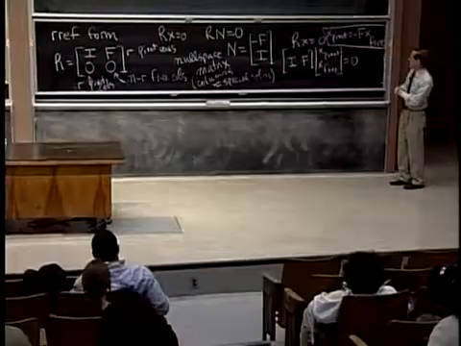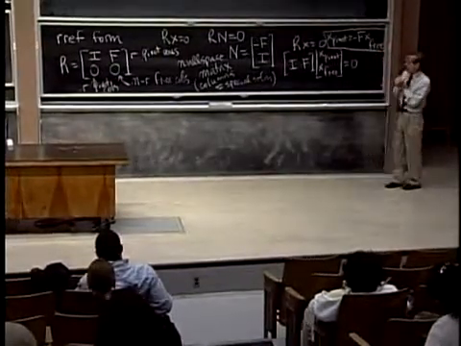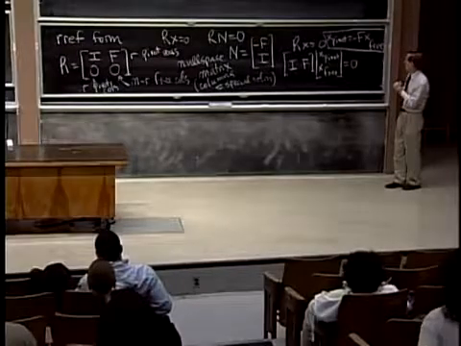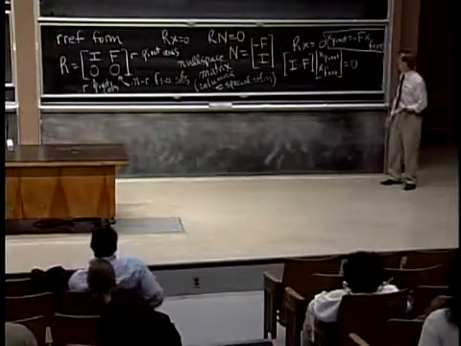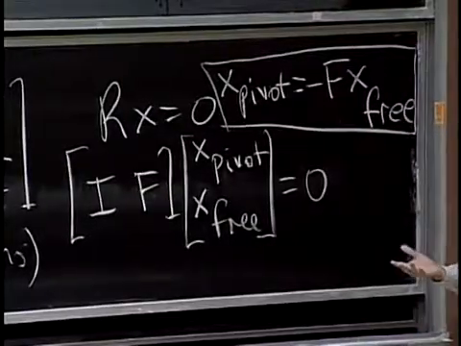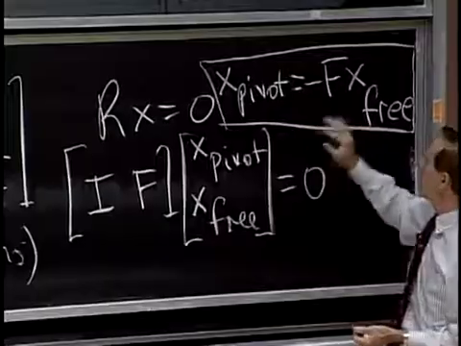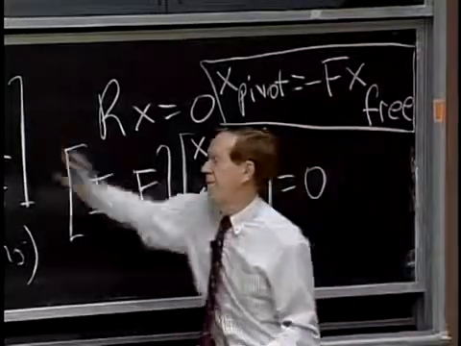That's what back substitution comes to when I've reduced and reduced and reduced this system to the best form. Okay. And then if for the free variables I make this special choice of the identity, then the pivot variables are minus F.